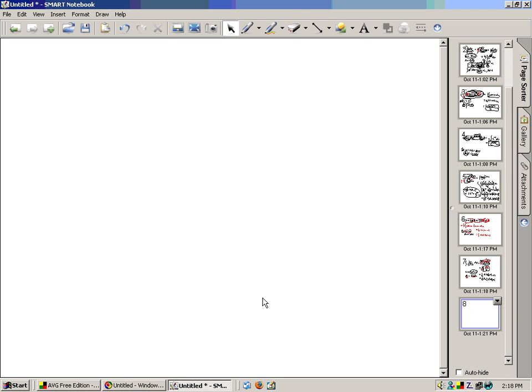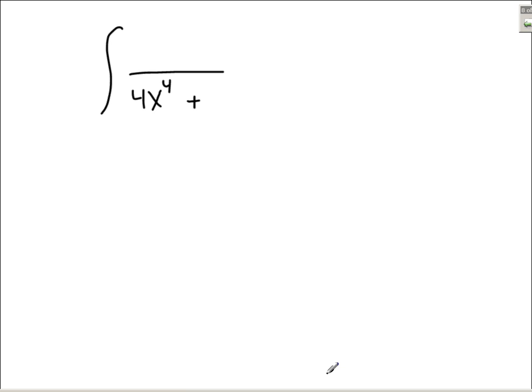Four plus 9, and in the top you have x dx.